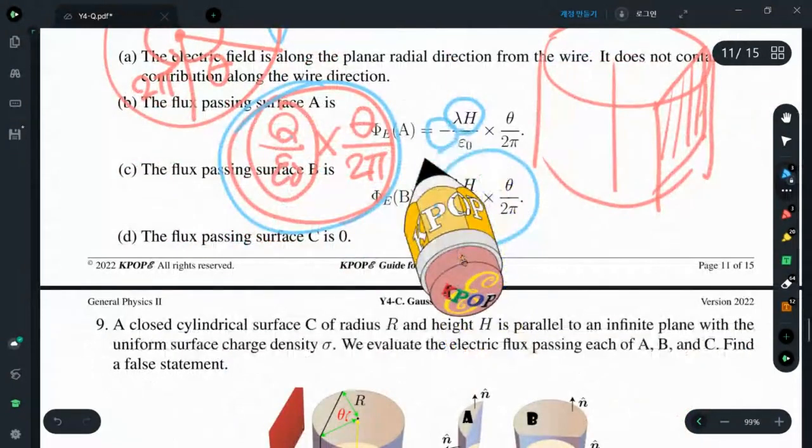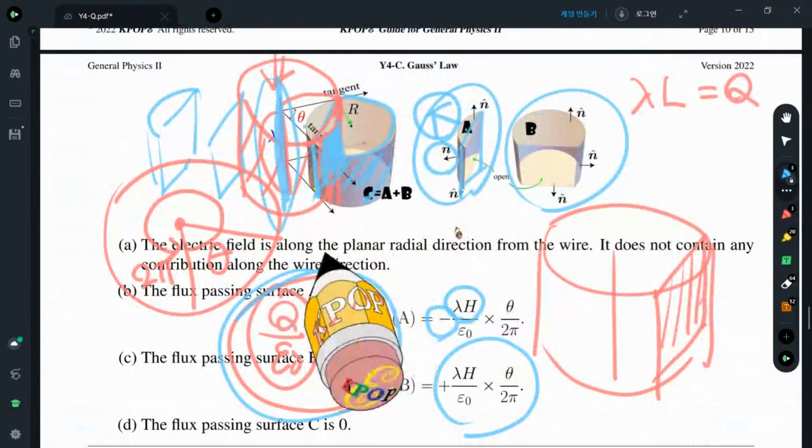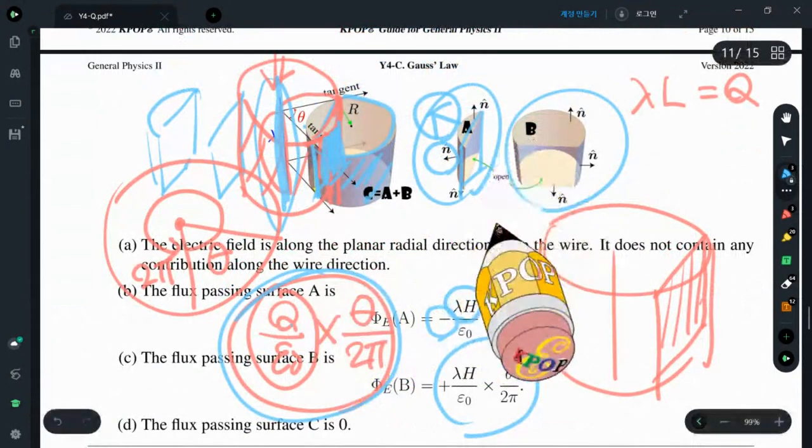We have to put the negative sign on it. So first of all, it looked very complicated, but it was actually a trivial problem.